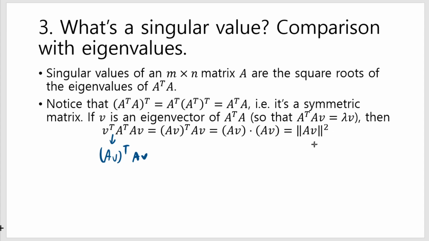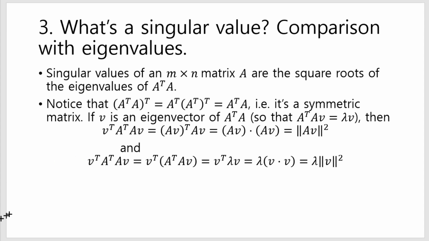but the dot product of a vector by itself is its norm squared, right? So what we just found out is that if we compare this result with this other result, where V is the eigenvector of A transpose A, then A transpose A times V should be lambda V. And if you bring the lambda outside, these two should be the same thing because you started with the same thing.